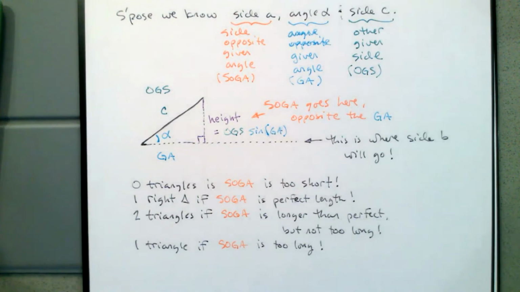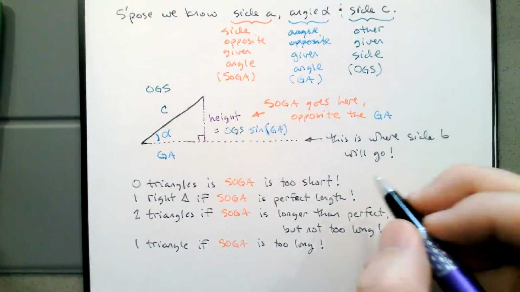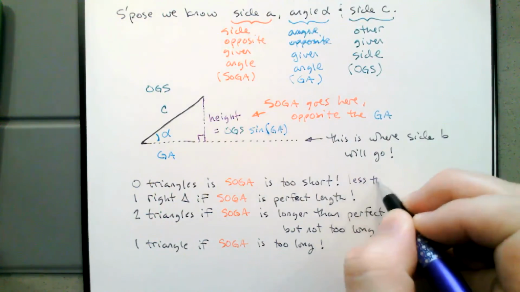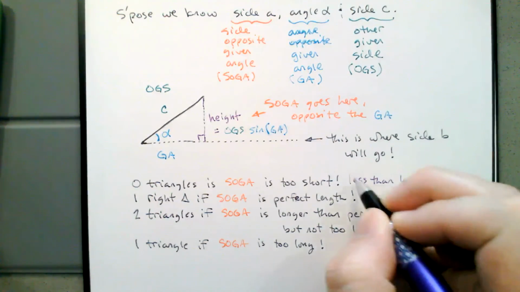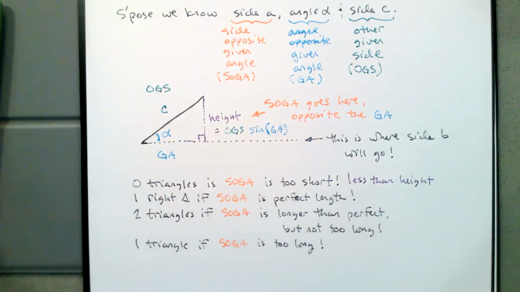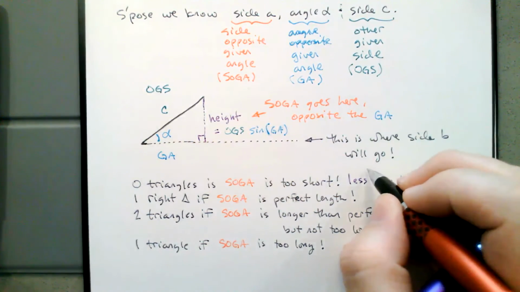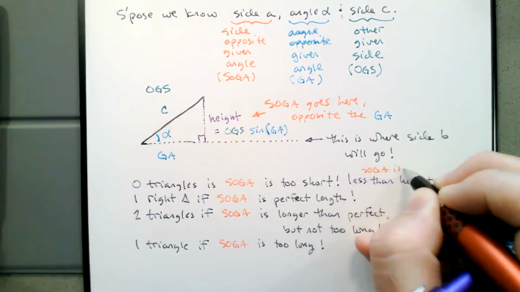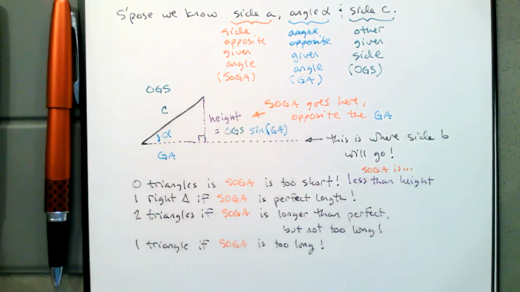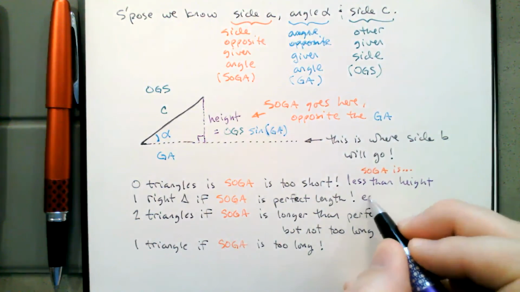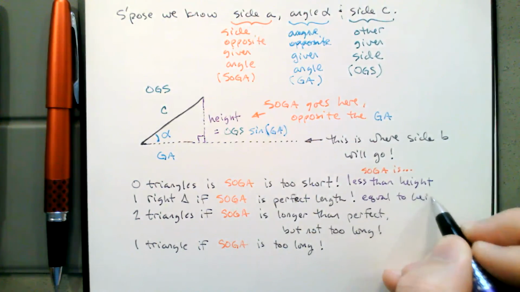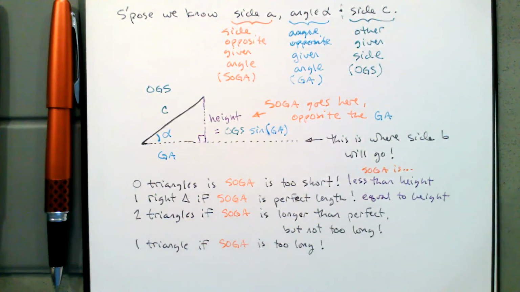So when we say that the side opposite the given angle is too short, that means it's less than the height. We get one right triangle if the side opposite the given angle is equal to the height. We'll get two triangles if the side opposite the given angle is greater than the height, but less than the other given side.